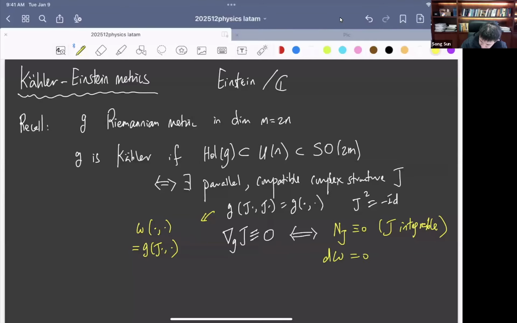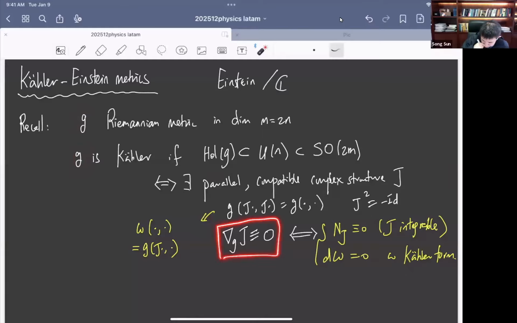So this is a Kähler form. Now we will shift the viewpoint. If you just consider a Riemannian metric, you need this one condition. Now it decouples into two, and we can focus on the first one.